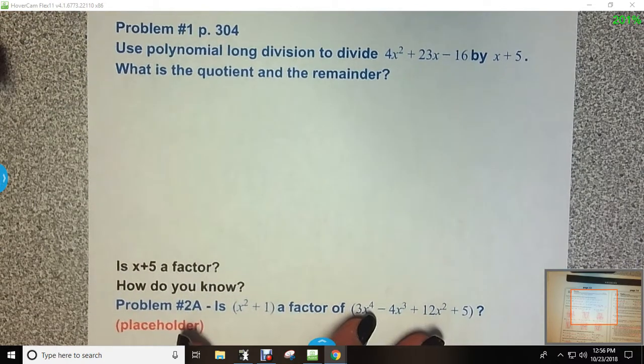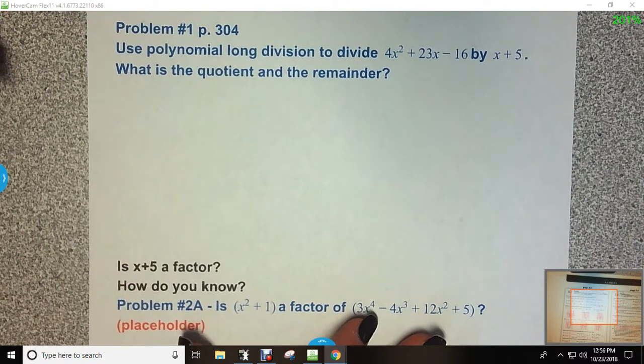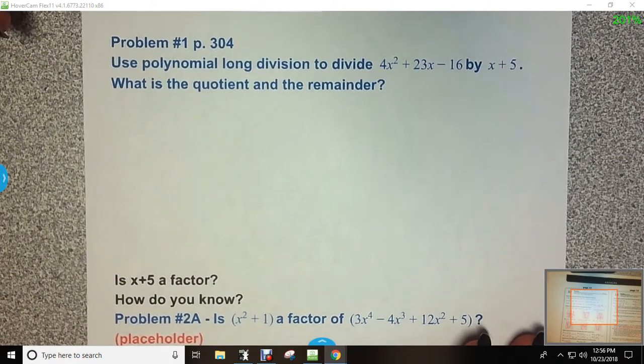Alright, so now let's take a look at problem number 1. Let's see if you can set it up as a long division problem, and then we'll work our way through it.